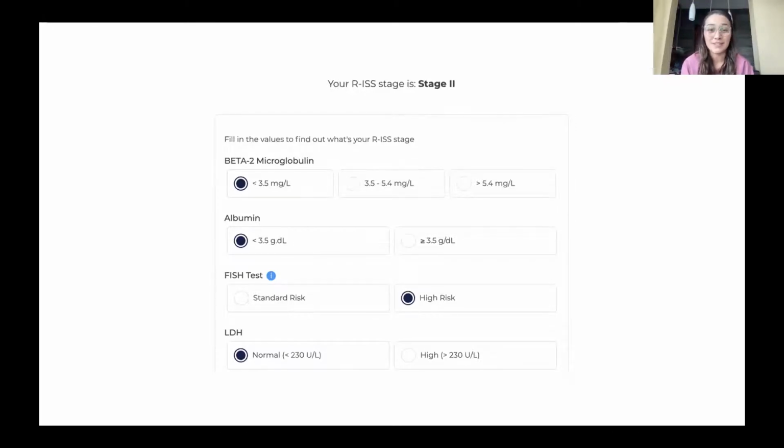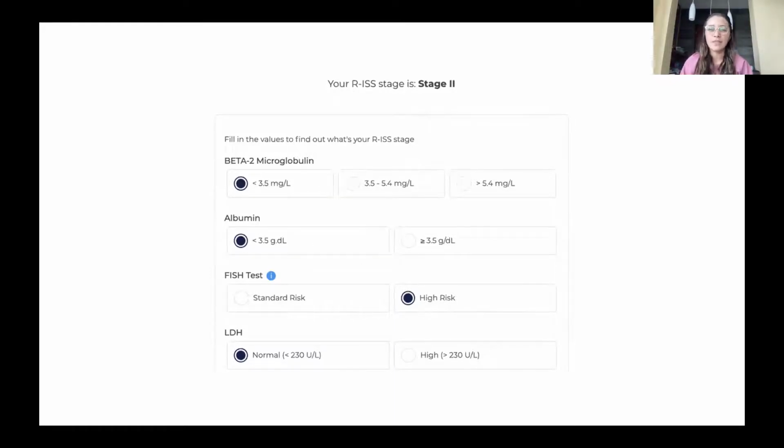It is also important to know that you might have been reported a different stage depending on the staging system that your doctor uses. The one that we use is the revised international staging system, but there are multiple other systems.